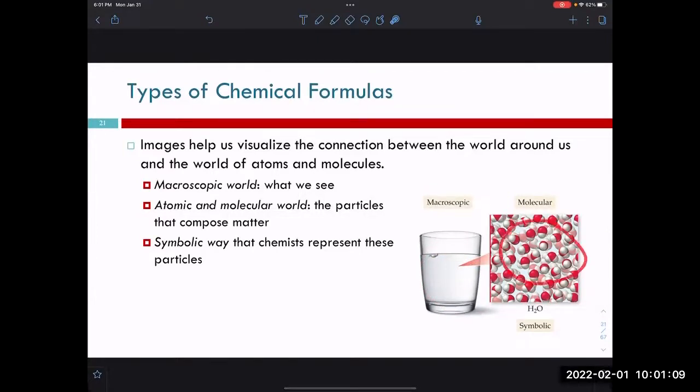But if you were to zoom into the molecular level, there are these space filling models of water all bumping around. And the symbolic way that we represent them as H2O is the easiest to work with. So thinking of things at the molecular level helps conceptually. Being able to switch to symbolic helps when you're actually trying to calculate things.